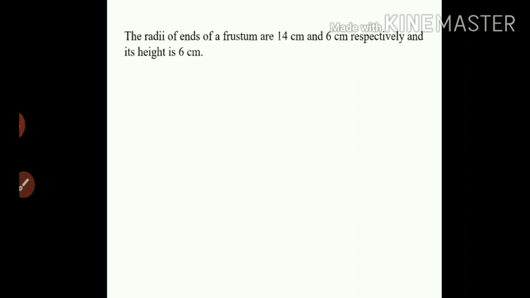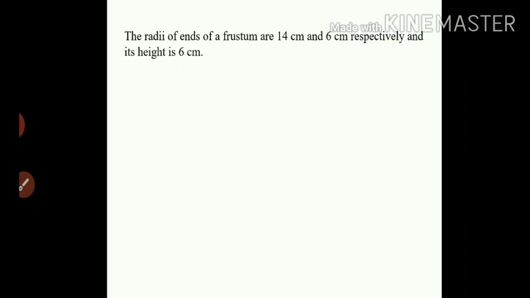Now let's move on to the next sum, that is question number 2. Again, it is given that the radii of the ends of a frustum are 14 cm and 6 cm. Both the radii, R1 and R2, are given, and the height is 6 cm.